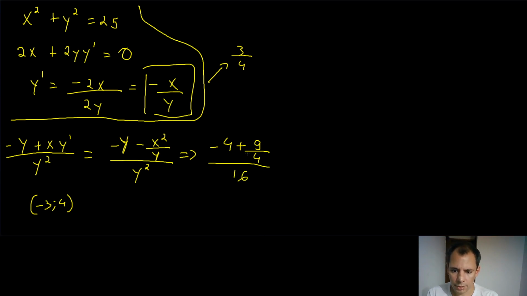Now you transform this into a 16. 16 minus 16 plus 9 is going to be -7. So this equals -7/4, divided by 16 is going to be -7 over 64, I guess.